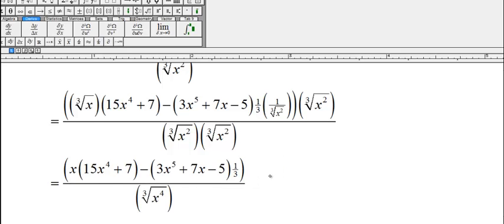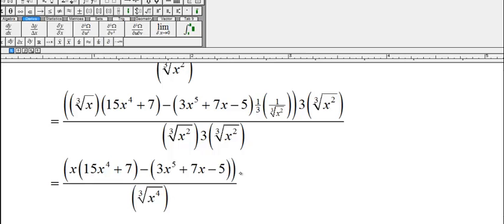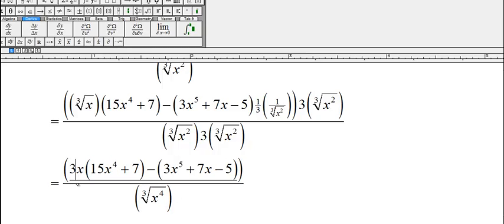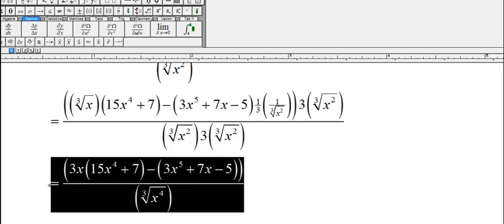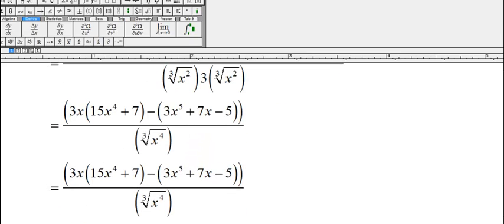Oh, actually I should have multiplied by 3 as well, here and here, so that I can get rid of that 1/3 as well. And that means I'm going to have a 3 here. I hope this is working out right. Alright, let's see what happens next.